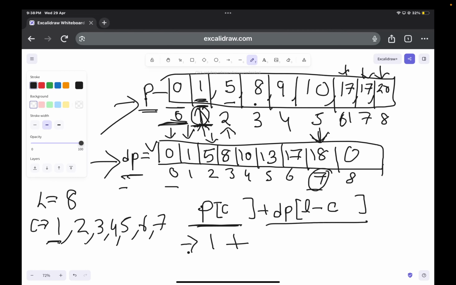So 7, if you cut 6 plus 1, it is 17 plus 1, 18. So if you cut 18, 18 plus 1 is 19. So total is 19. So I'm cutting 1 and 7.